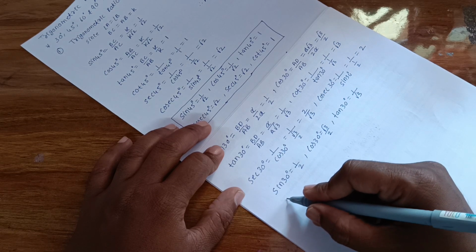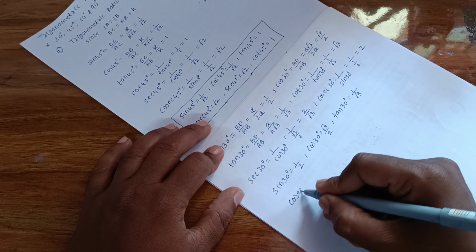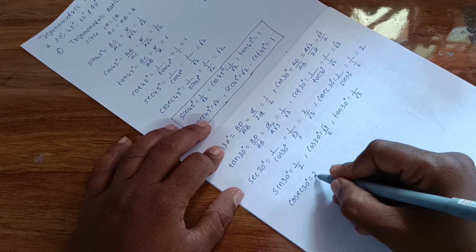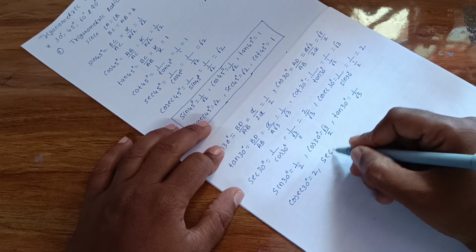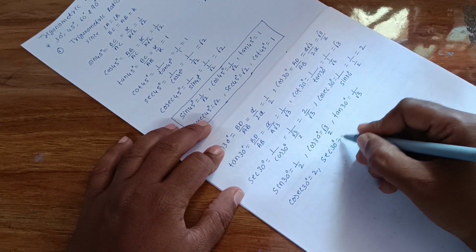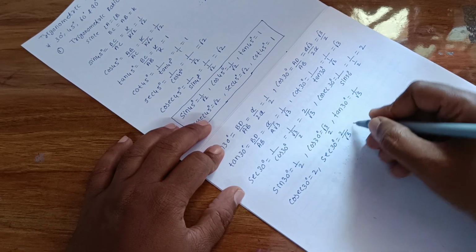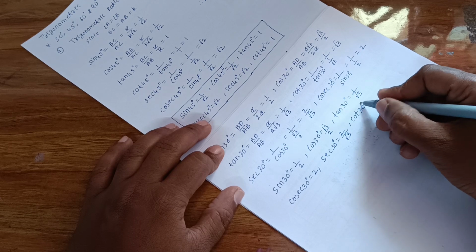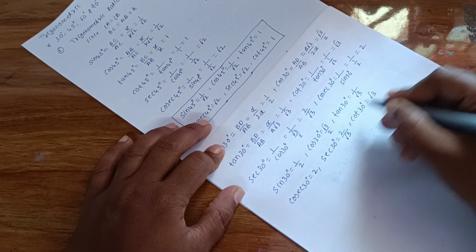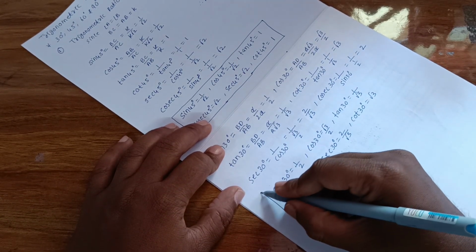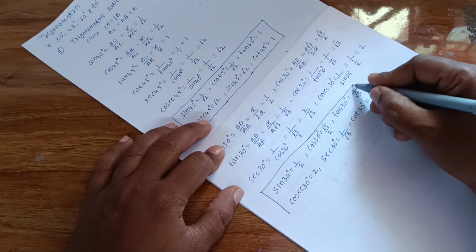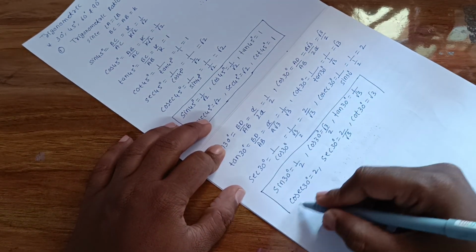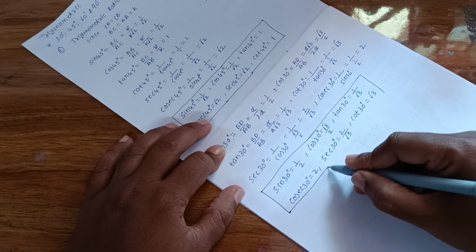The next is the reciprocal of sine, cosec. Cosec 30 is equal to 2. The reciprocal of cos, that is sec 30, is 2 by root 3. And lastly the reciprocal of tan is cot, so cot 30 is equal to root 3. So we found the trigonometric ratios for the angle 30 degree.